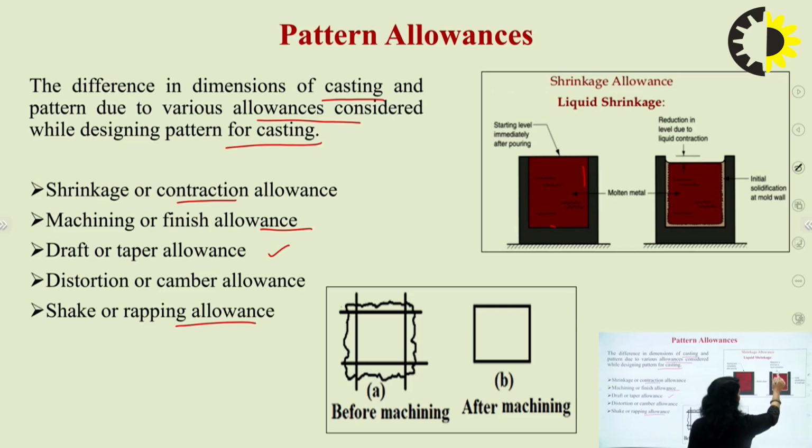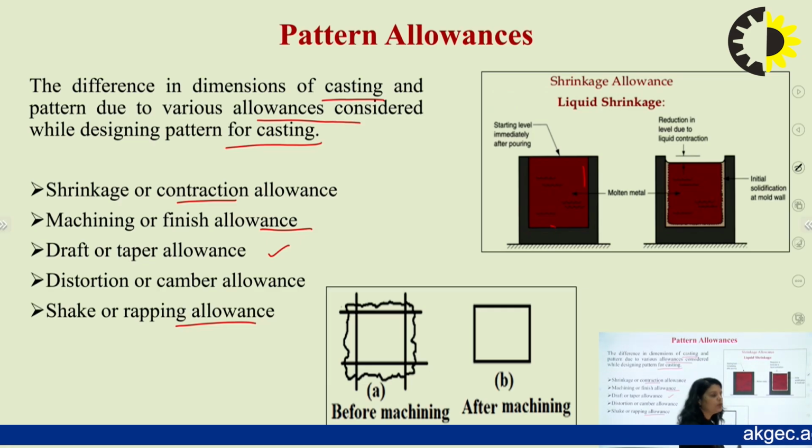Now you can see that during solidification there will be a reduction in the level due to liquid contraction. The material comes from here, and there is contraction near the wall of the molding box. This is the initial solidification, so contraction is taking place and we have to provide the allowance.